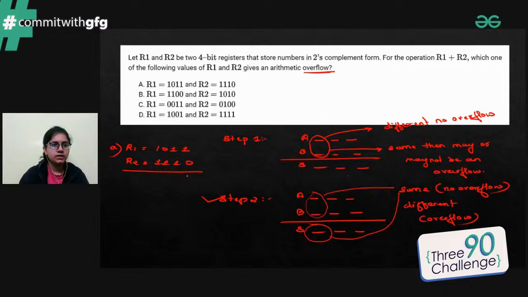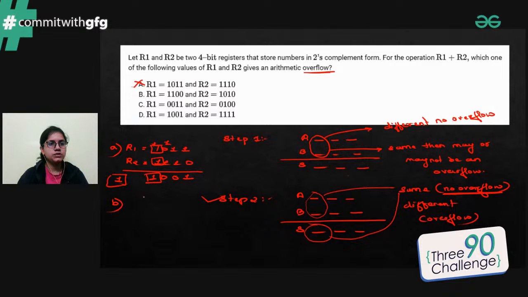What is the sum? 1 0 1 0 1. As you can see, when they all are the same, this one, this one and this one, then we can say that this is not an overflow. So option A is incorrect.